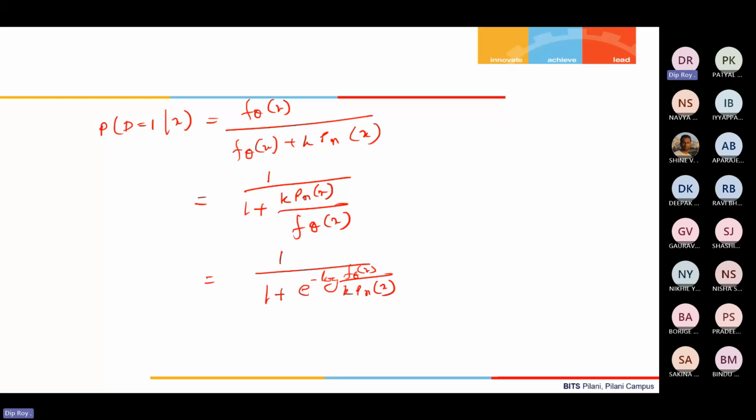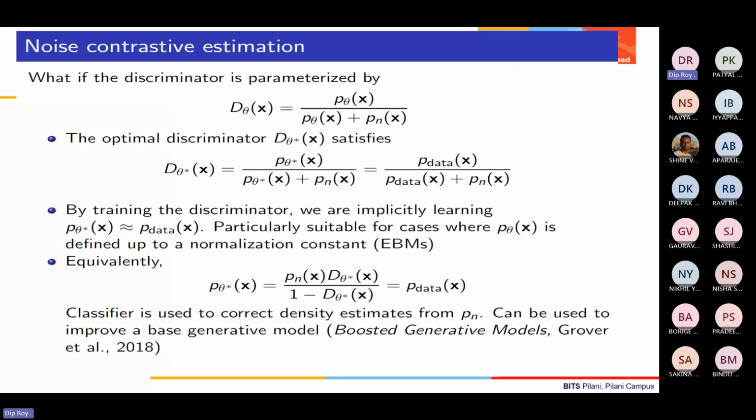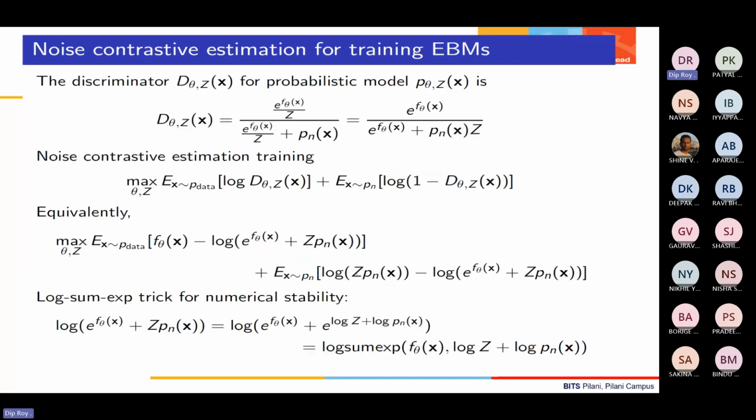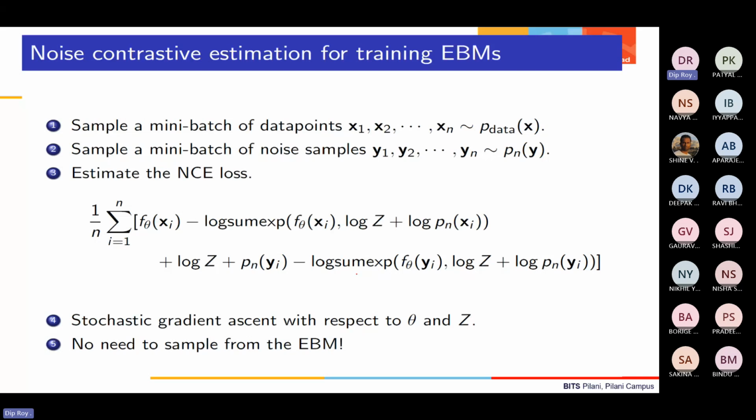So this is essentially noise contrastive sampling, and this is essentially the slides about noise contrastive sampling. If you go through this, the logic is the same.